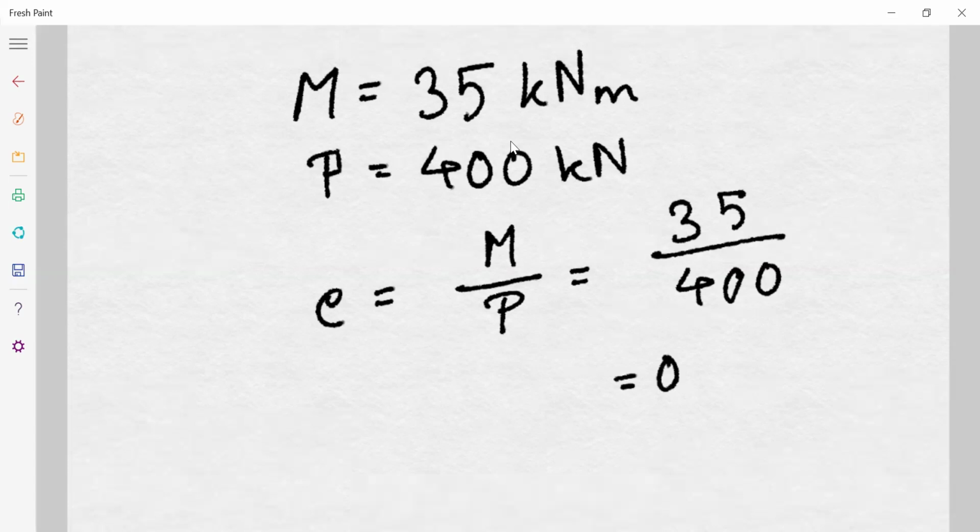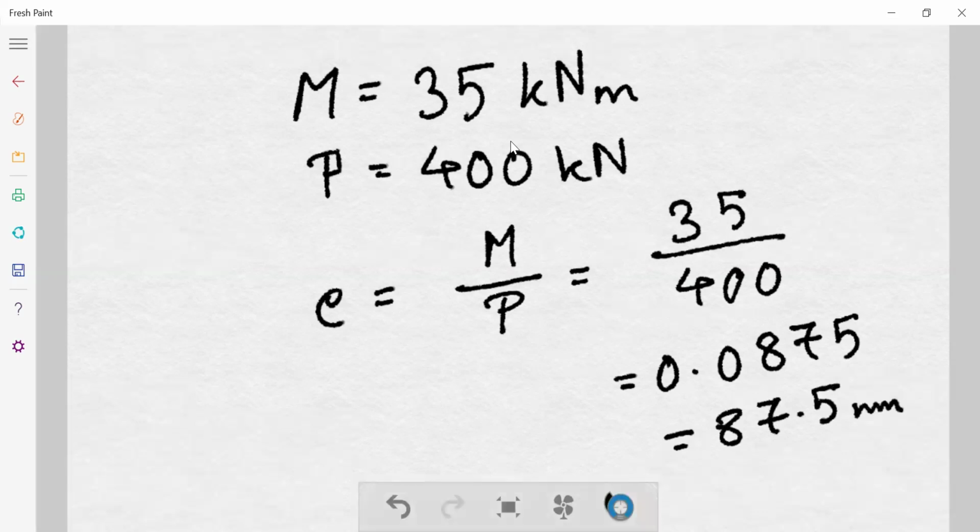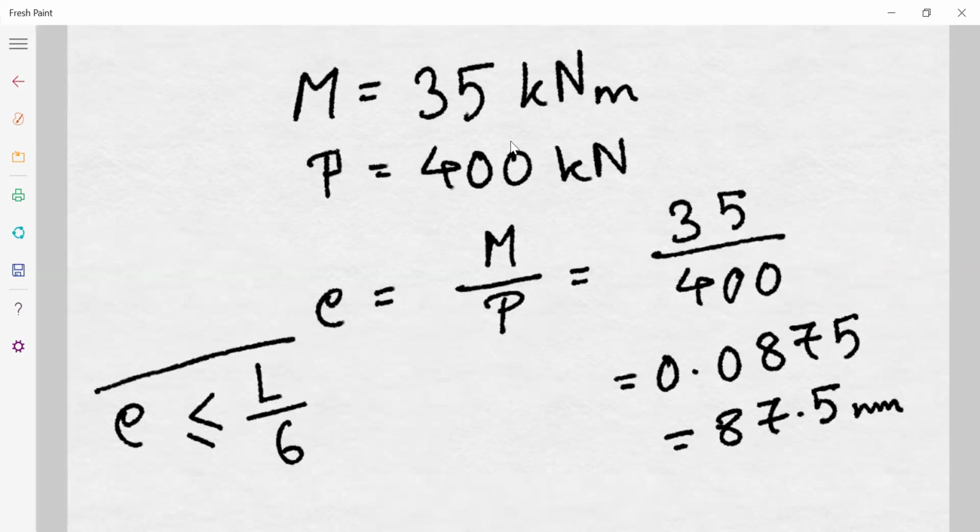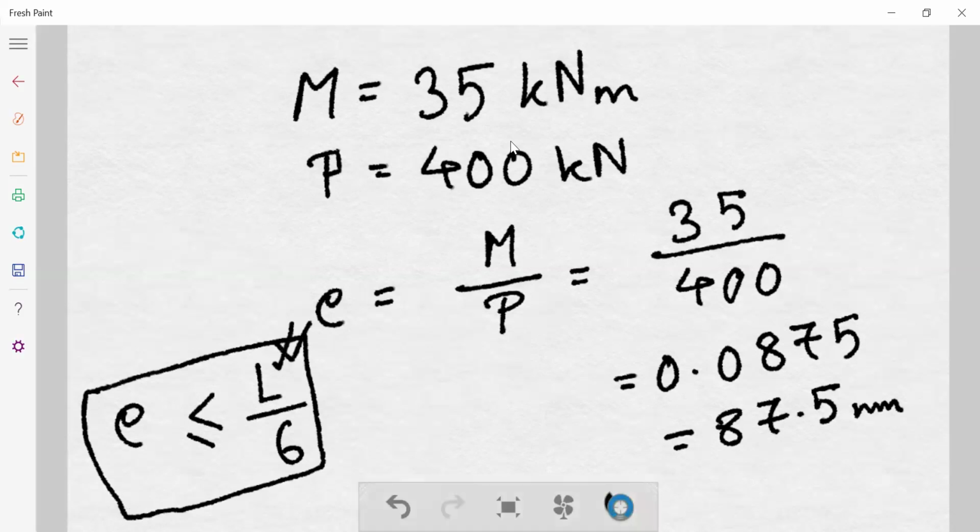It is around 0.0875, or we can say 87.5 mm. This e should be less than or equal to 1/6 of the length of the footing. If this condition is satisfied, then the corresponding length we can provide.